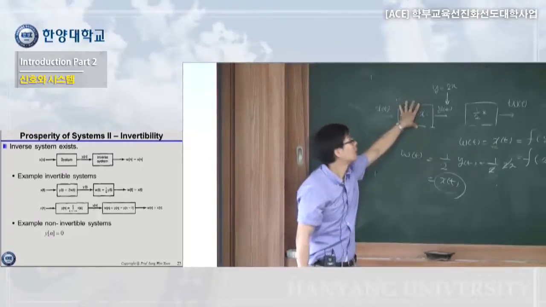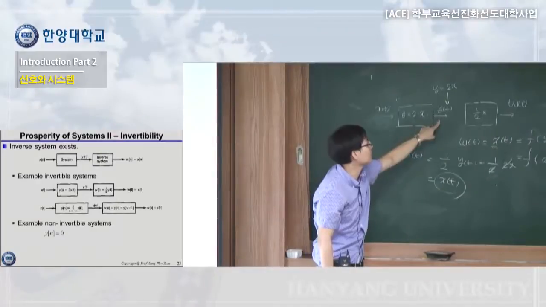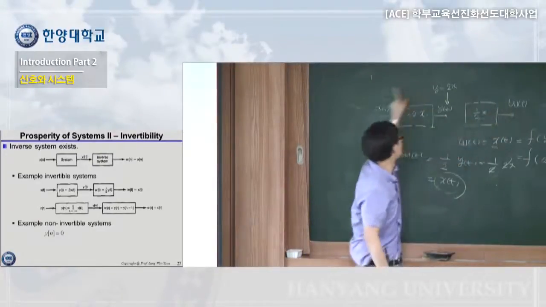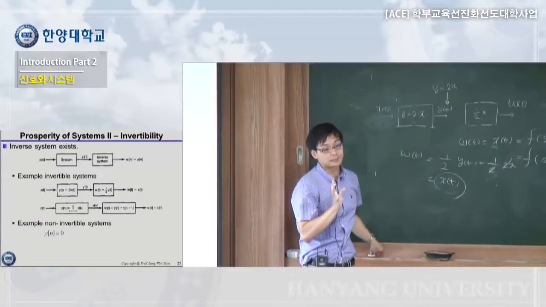We can find another system to make the output of the first system an input and make it the same as the input to the first system. That's the definition of an invertible system.